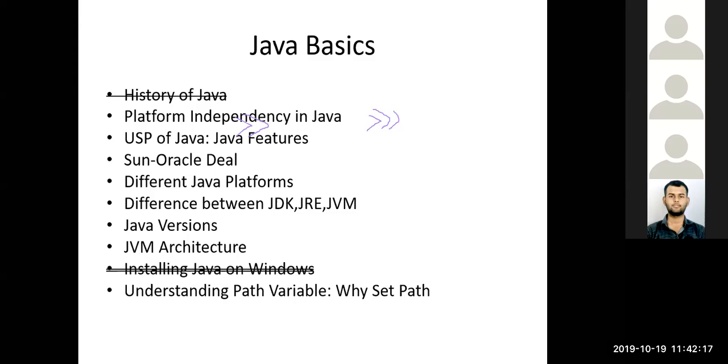Architecture neutral means the architecture of a Unix machine and the architecture of a Windows machine are totally different. So programs compiled on a Windows machine cannot run on a Unix machine, and Unix programs cannot directly run on Windows machines.